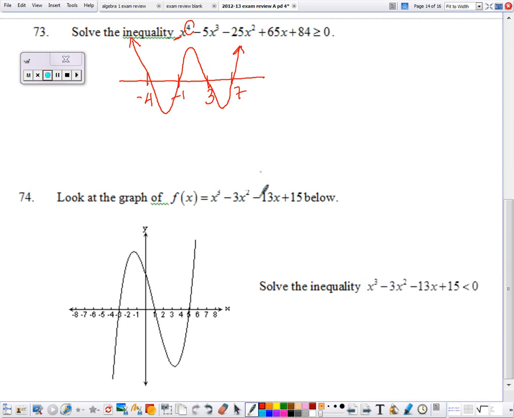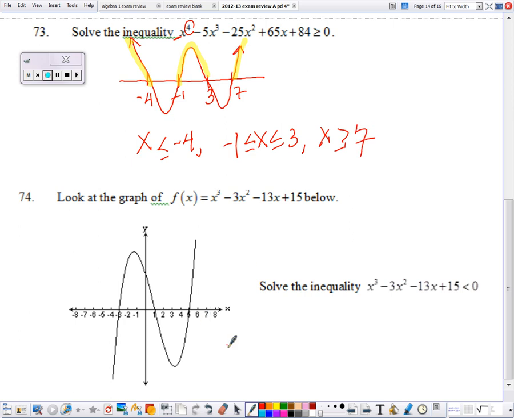So to solve the inequality, I want every spot greater than or equal to 0. And that happens here, here, and here. So that's every x less than or equal to -4, every x between 3 and -1, and every x greater than or equal to 7.